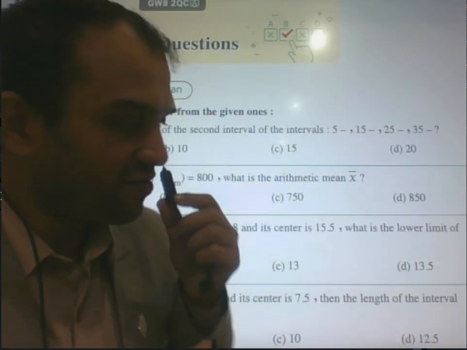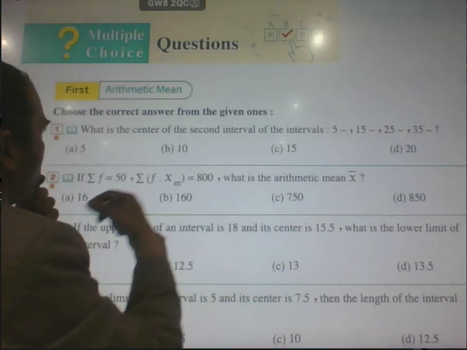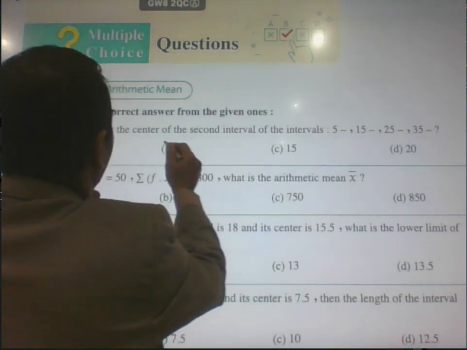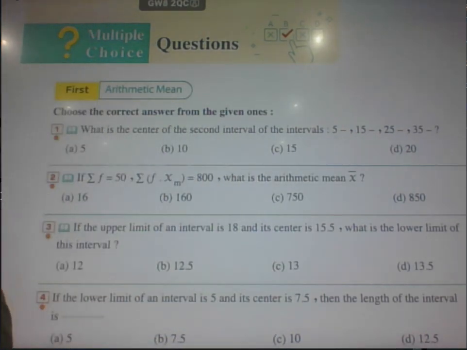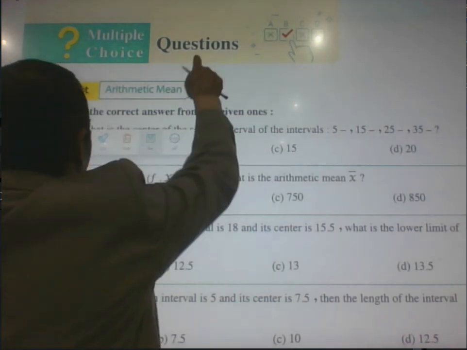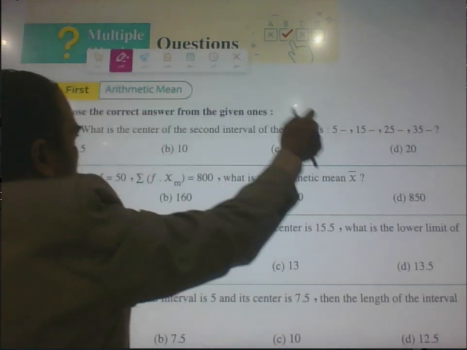Okay, listen to me first here. First question: what is the center of the second interval we have here? Where is the second interval? The second interval here starts from 15 to 25.